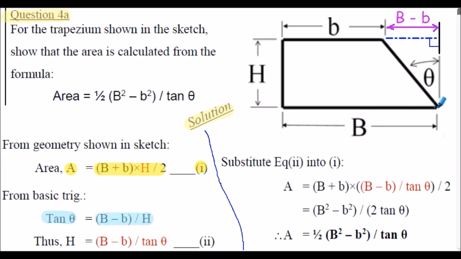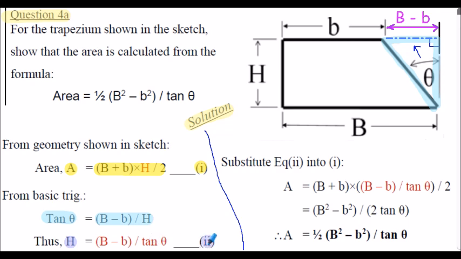Here's the right angled triangle we're considering, where the opposite side of the triangle is the capital B minus lowercase b dimension, and the adjacent side, of course, is height h. We've rearranged the equation in terms of height h because in the formula we're trying to prove there is no height h, so we're going to eliminate height h from the equation with our simultaneous equation solution process. So this is equation 2.